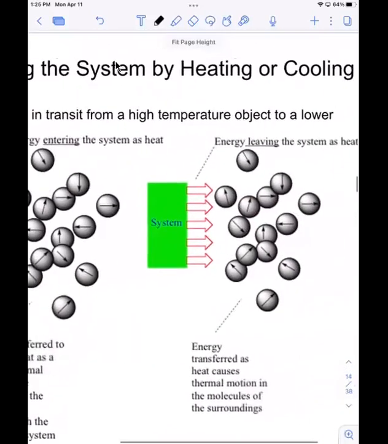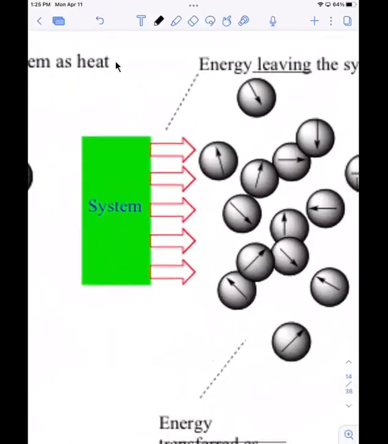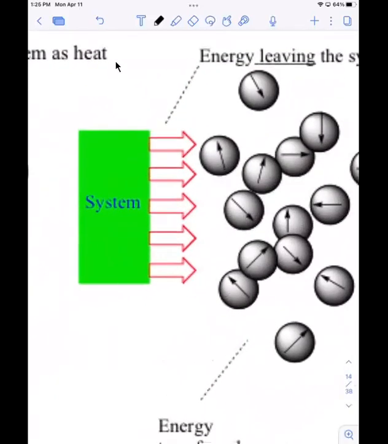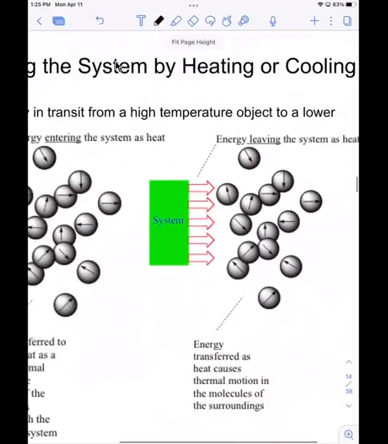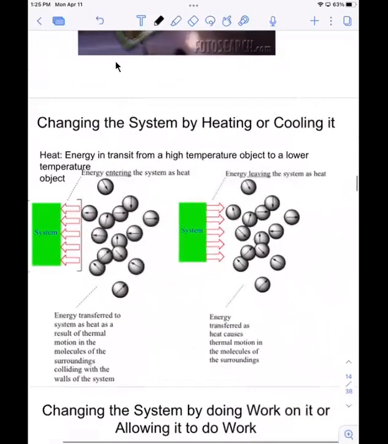By the same token, if my system is higher temperature and it's giving off energy in the form of heat, and transferring it to some set of particles, then that's going to lower the energy of the system, because as the temperature drops, so does the energy, right? Because as temperature is dropping, molecular motion is slowing down, and the energy is also decreasing.